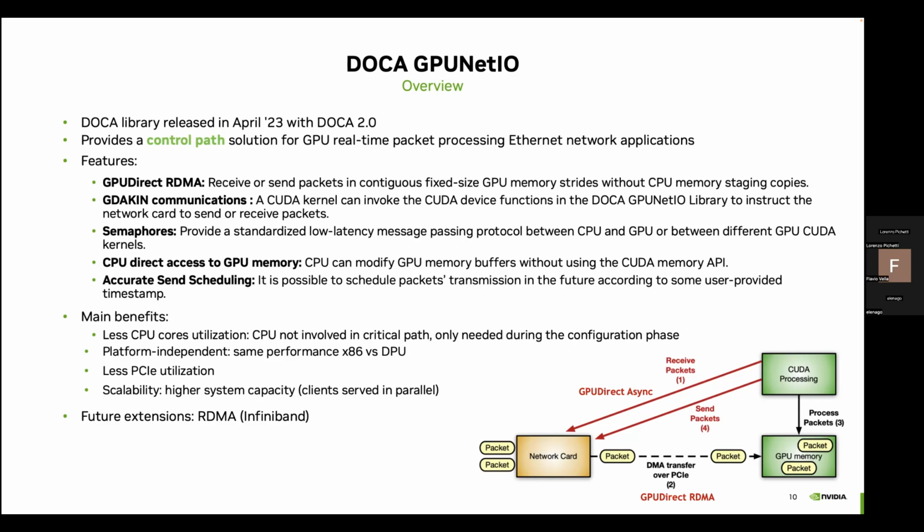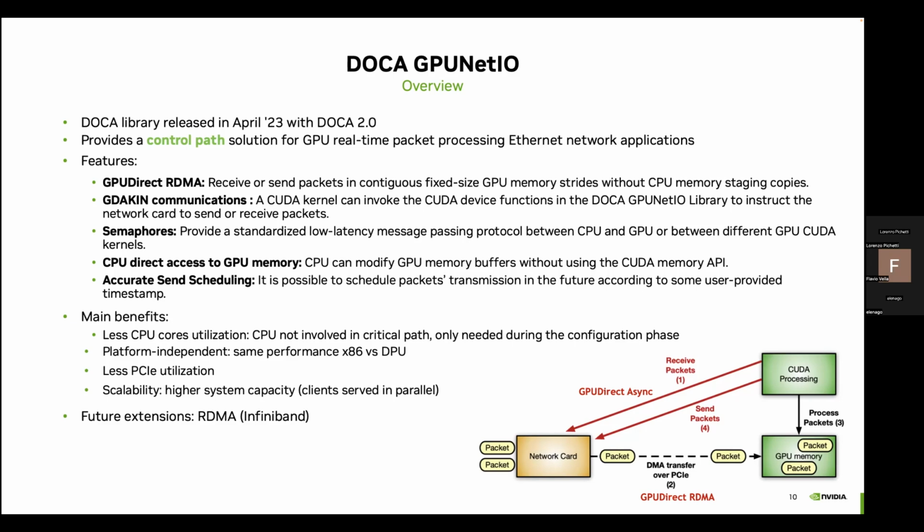And we expect the performance to be quite the same on the two different platforms. As I said, there are fewer PCIe transactions because the CPU doesn't have to communicate anything to the GPU. The GPU is totally independent. And finally, it also offers you a high degree of scalability for your application. I will give you an example later, because you can serve multiple clients in parallel, since on the GPU you can run multiple CUDA kernels in parallel.